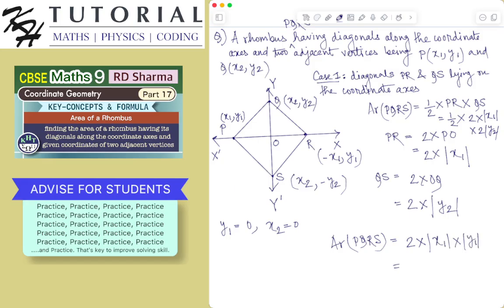This can be rewritten as 2 into the absolute value of x1 multiplied by y2. So this will be the area of the rhombus in the special case where we see from the given coordinates of the points P and Q that the diagonals are lying on the x-axis and y-axis.